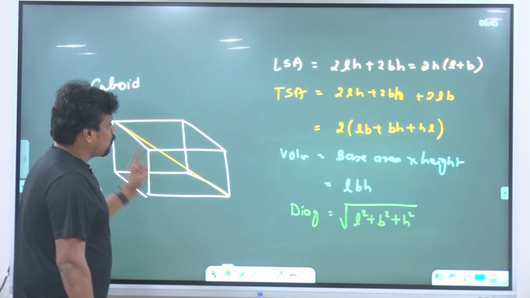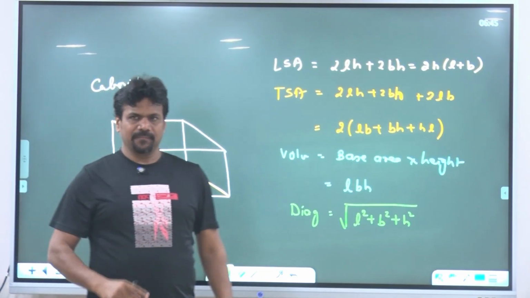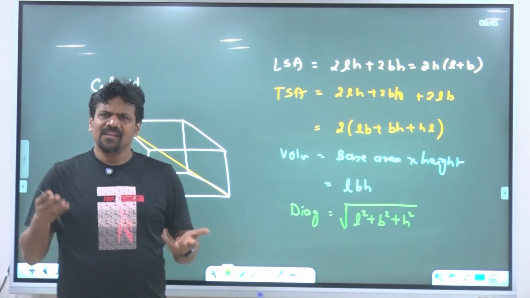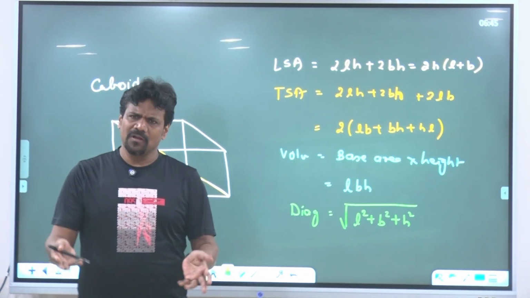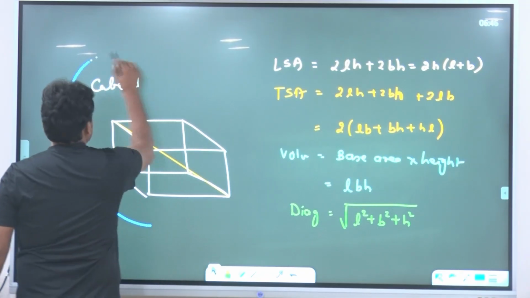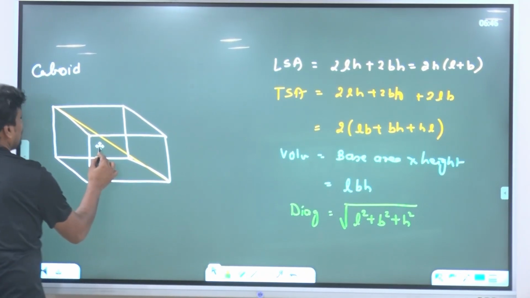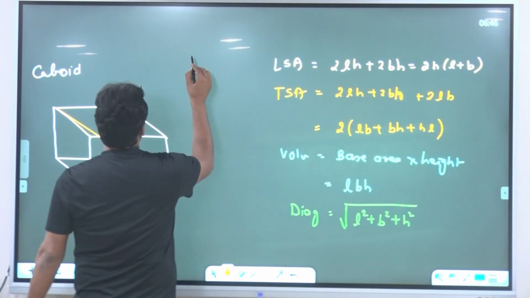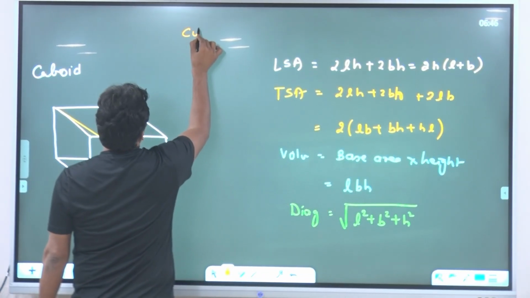Now, why I took cuboid before cube, there's a reason. Actually, cube is a cuboid itself. The only difference is cube has length, breadth, height equal. So let's say I can make all the things for cube also here itself. I will choose one color, let's say this color for cube. So what is a cube?